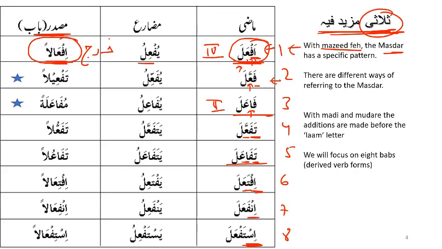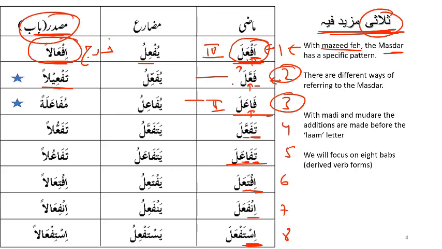So the point is that by and large, the mastar will follow a particular pattern for all the verbs that are in a given bab. There are two small exceptions for this bab and this one. So what I've labeled 2 and 3, we actually have two possible mastars.